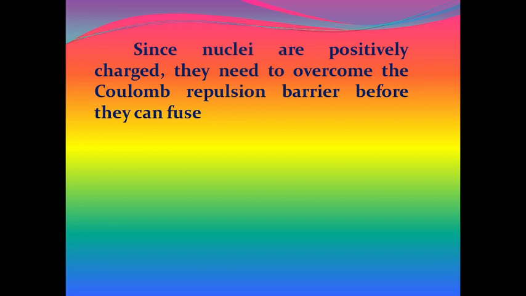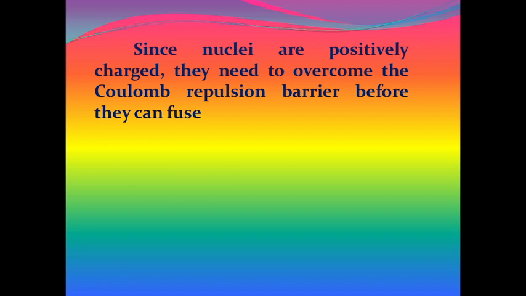Since nuclei are positively charged, because the nucleus consists of protons and neutrons, while electrons revolve around the nucleus, we say nuclei are positively charged. They need to overcome the Coulomb repulsion barrier before they can fuse.